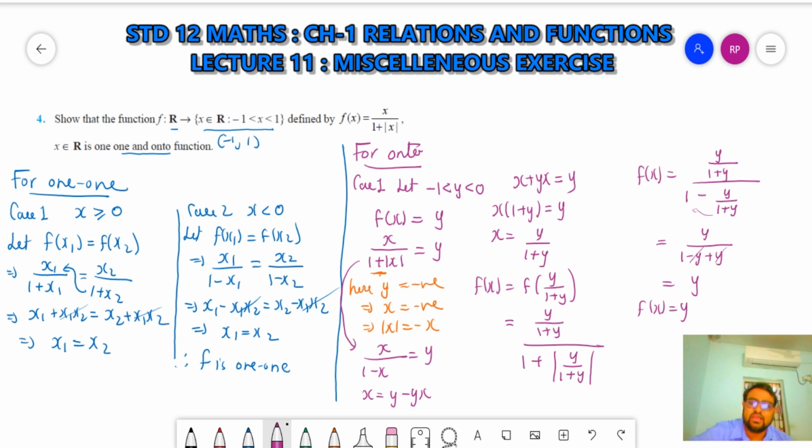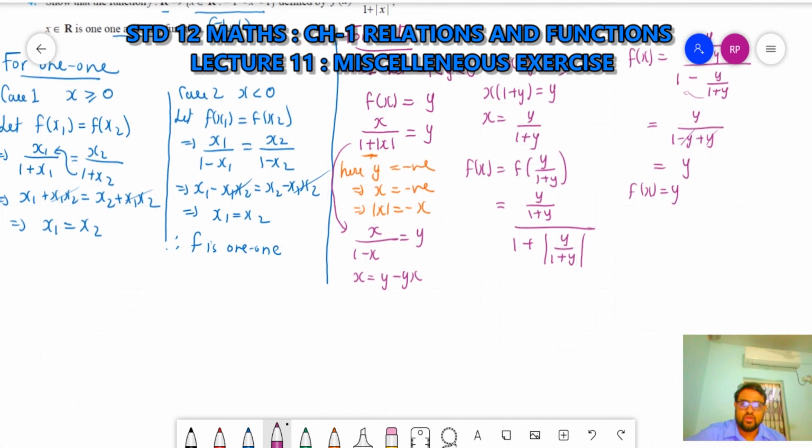Now similarly, I will take case 2 for onto, that is 0 <= y <= 1. So here when I take f(x) equal to y, that means x upon 1 plus modulus of x equal to y.